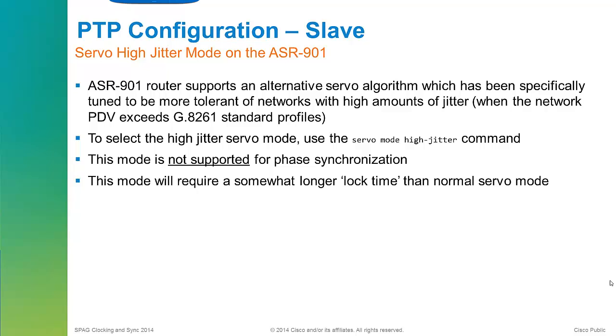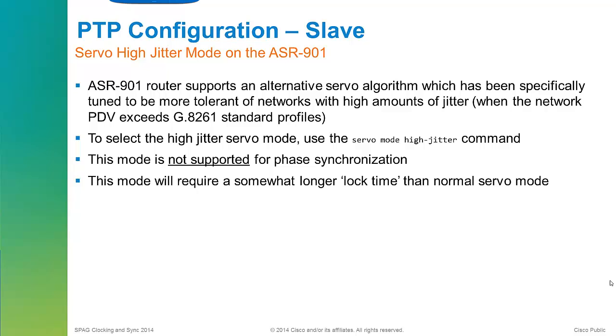The other thing the 901 supports is the ability to work in a very high jitter network. If you're running over a network that has a very high PDV, which exceeds the standard profiles which it's been designed around, then you'll have problems trying to sync. And that can be very difficult. Like if you use microwave and stuff, you can get very high jitter.